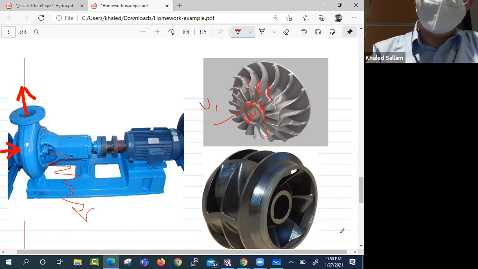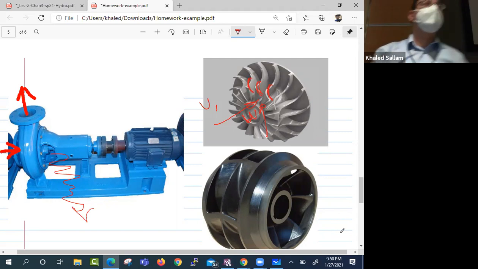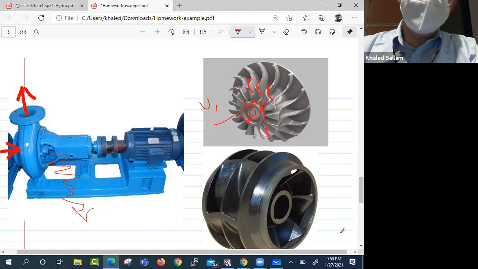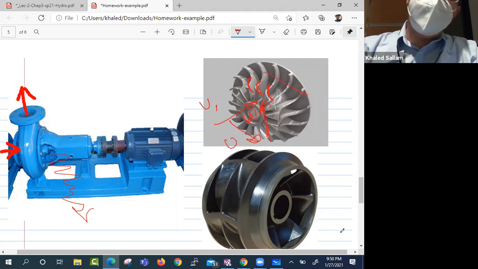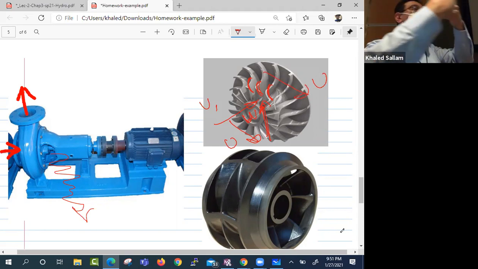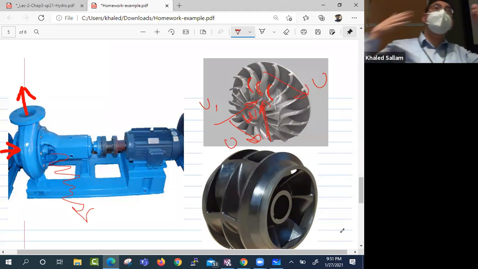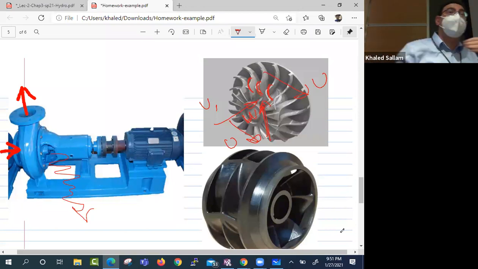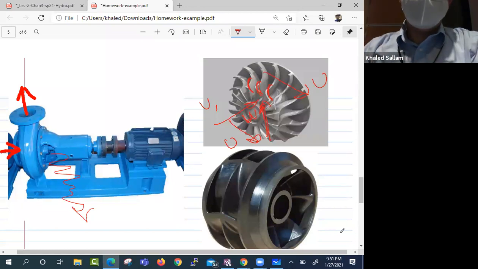When the plate looks like this, I can tell that the plate is waiting for W to be this way, right? So that shows you that U must be this way, because it's rotating in that direction. Rather than seeing V coming axially, it sees the velocity coming with an angle. Make sense?